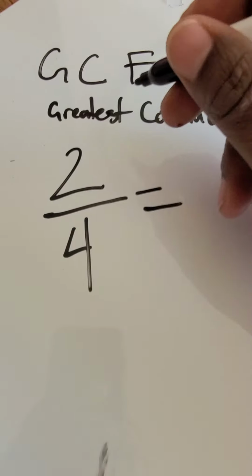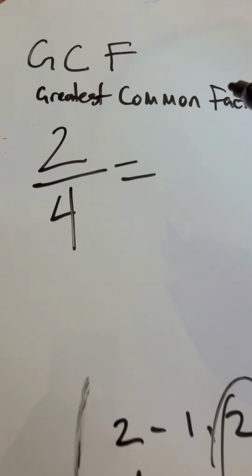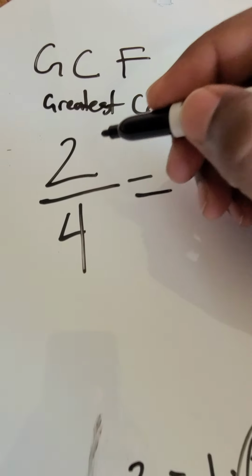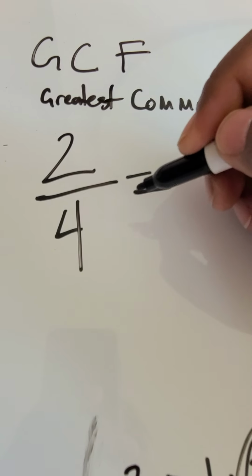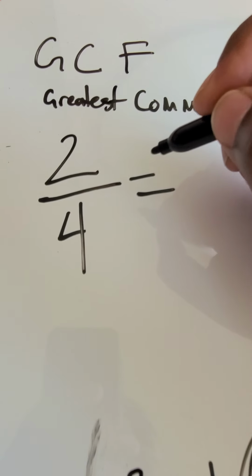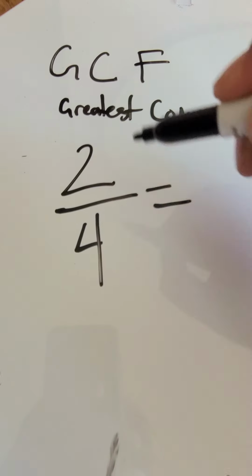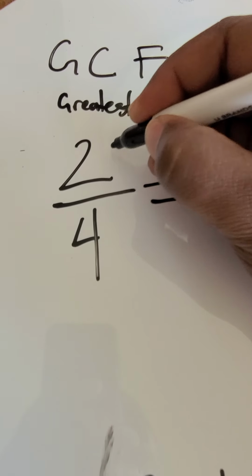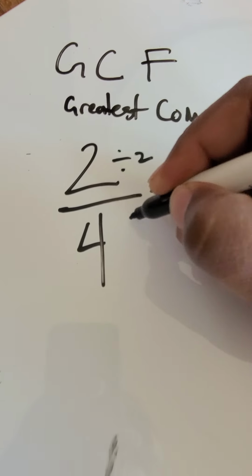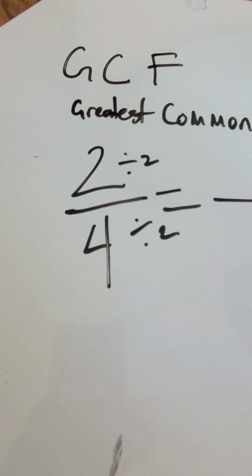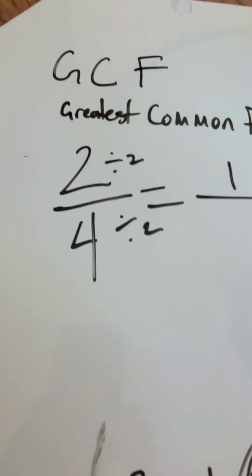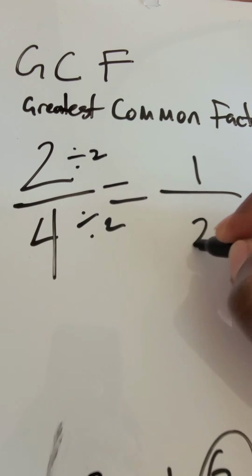So we're going to take that GCF, greatest common factor, and divide both the numerator and denominator by 2. Remember, we're dealing with fractions. Whatever we do to the top, we do the same to the bottom. 2 divided by 2 gives us 1. 4 divided by 2 gives us 2.